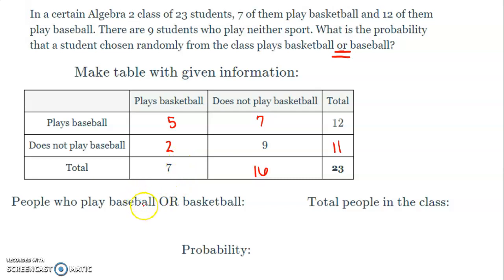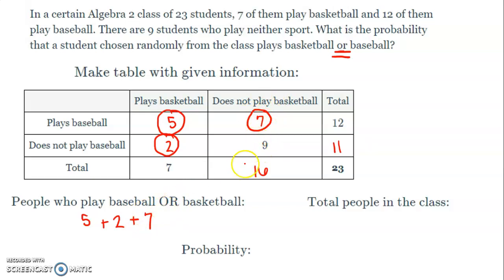So I want to know the people who play baseball or basketball. So these are these three: 7, 5, and 2. Okay, because these people play basketball or baseball. The 2 play basketball but not baseball. And these people play baseball but not basketball.